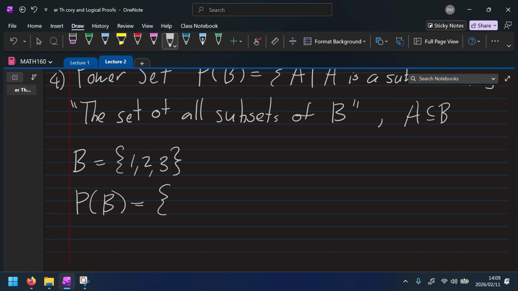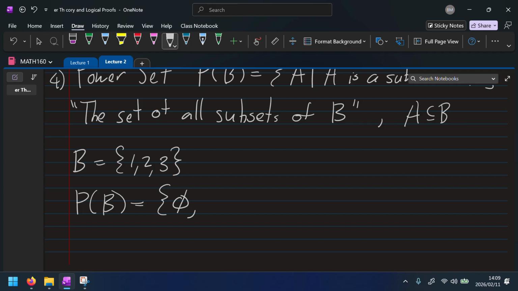So firstly, we need to include the empty set. Why? The empty set is always a subset. So we need to include that. That is the 0 element sets. Next, we're going to consider all of the 1 element sets.